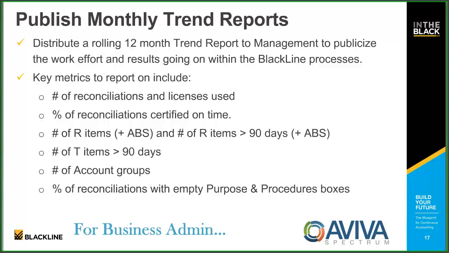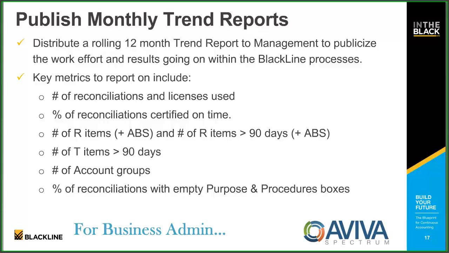Key metrics: number of reconciliations performed, number of active licenses used within BlackLine, percentage of reconciliations done on time, number of required adjustments within the reconciliations, and how many of those required adjustments are greater than 90 days, or whatever day that your management is interested in.